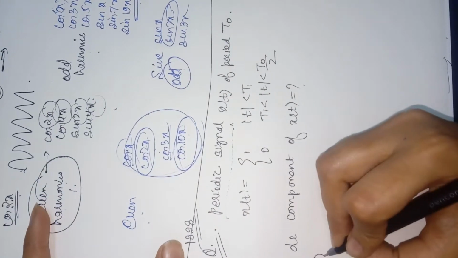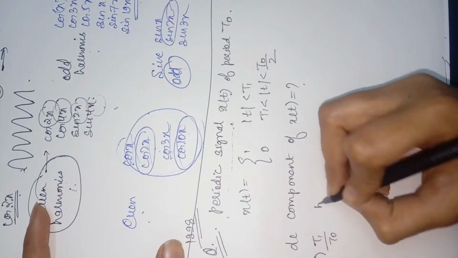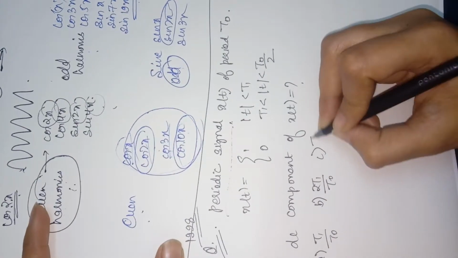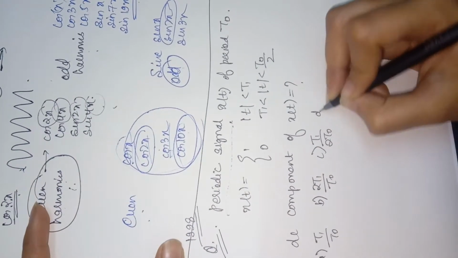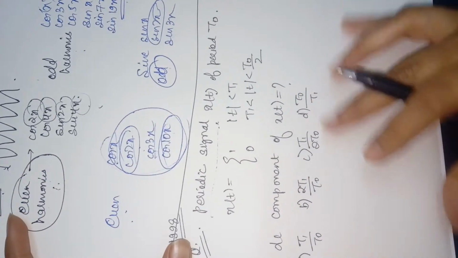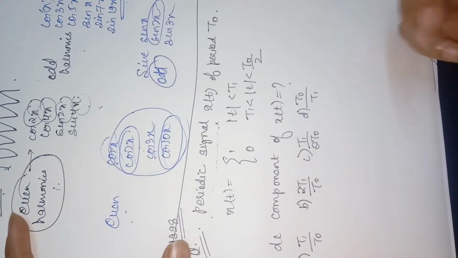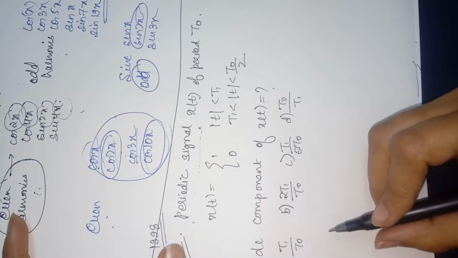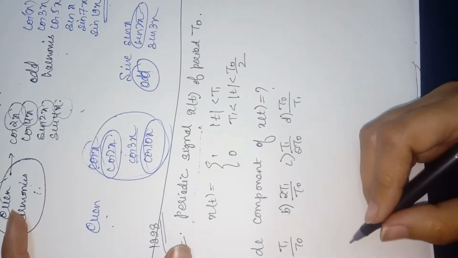The options given are t1 by t naught, 2 t1 by t naught, t1 by 2 t naught, and t naught by t1. Step by step we'll do it, and we'll solve it within very little time, at least within a fraction of a minute.